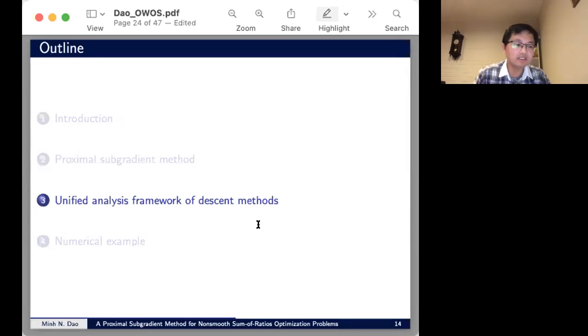In order to obtain the convergence of the full sequence, we need to use an analysis framework of descent methods. As I said before, our method is not actually a descent method, but it still has some form of descent.